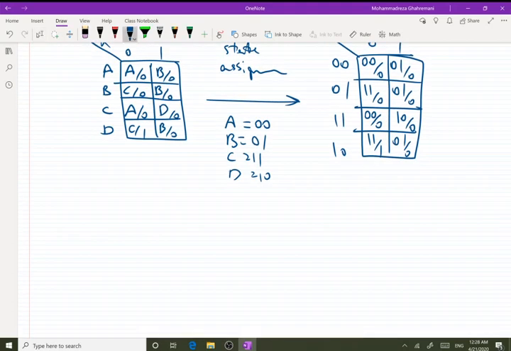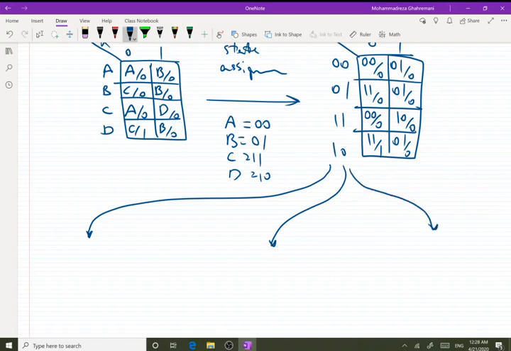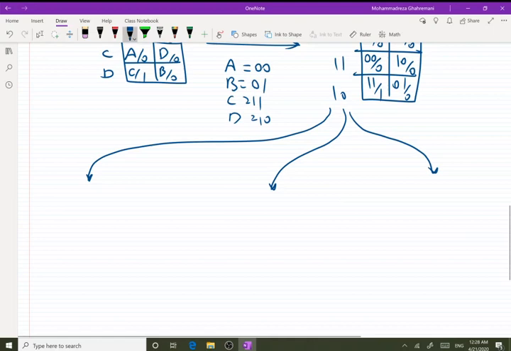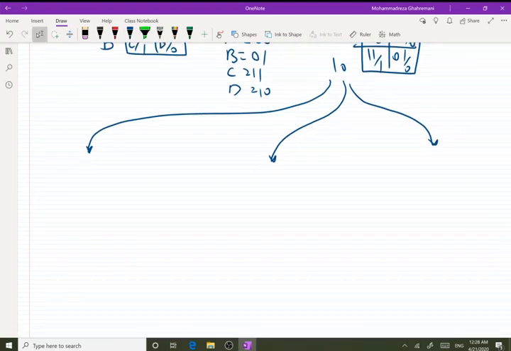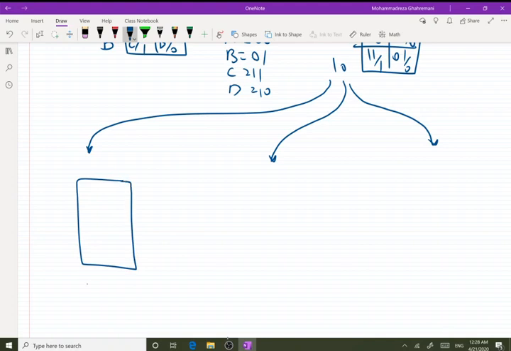So here is the first flip-flop, and here is the second flip-flop, and here we're going to draw the output. For the first flip-flop, which is a JK flip-flop, we say J1 K1.